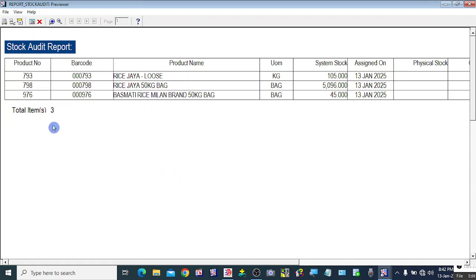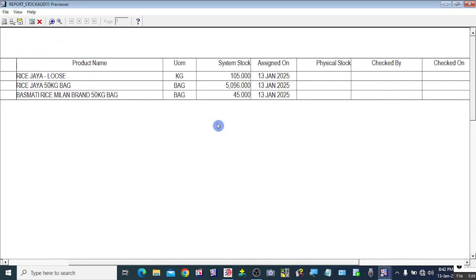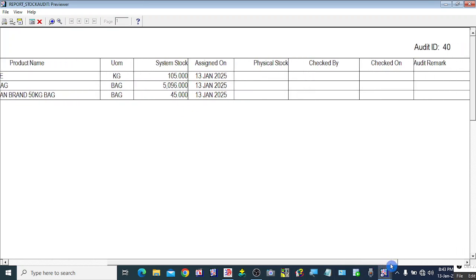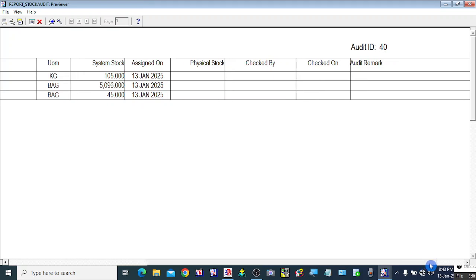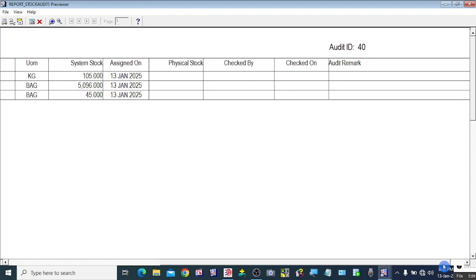Stock audit. 3 items are there in this audit. At the time of generating this report, what is the stock in hand as per system? You can take the printout of this report and pass it to the concerned person for physical verification of the stock in your store.